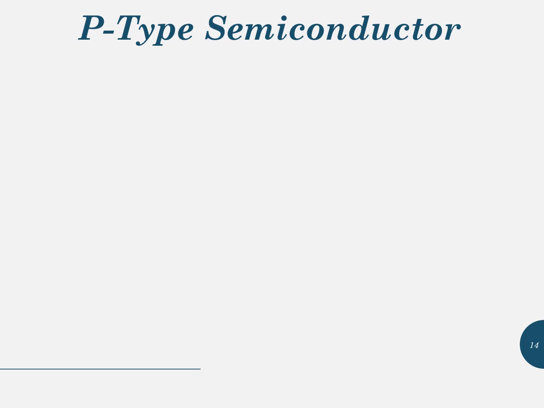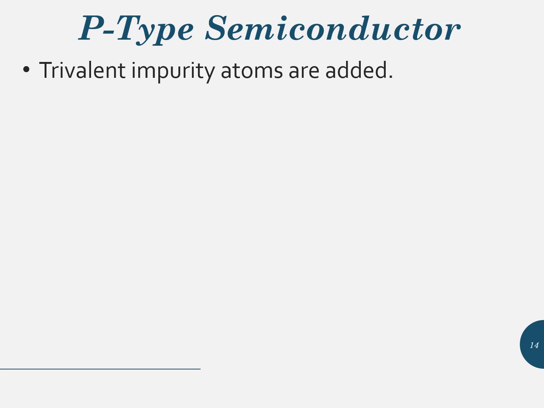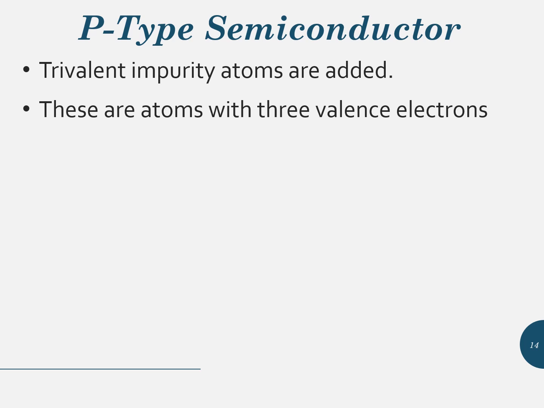Now we will talk about p-type semiconductor. In p-type semiconductor, trivalent impurity atoms are added to increase the number of holes in intrinsic host atom. These trivalent impurity atoms are atoms with 3 valence electrons such as boron, indium and gallium.